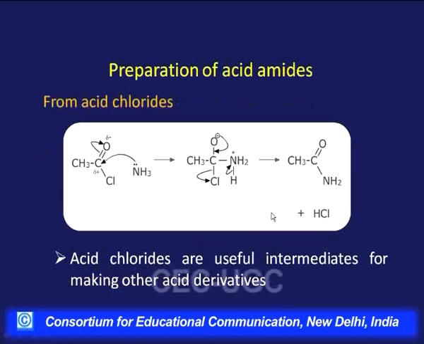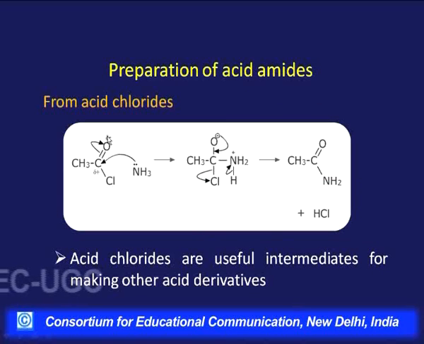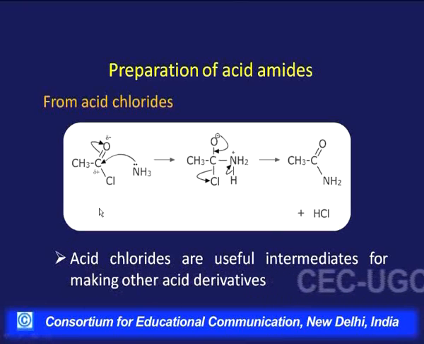Then another method, that amides can be obtained from acid chlorides. As I said before, acid chlorides are such compounds which are susceptible to attack by any of these bases, and Cl is easiest to remove. So, acid chlorides are useful intermediates for making all other acid derivatives.